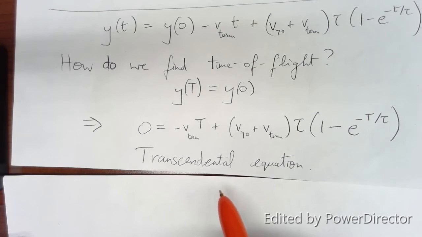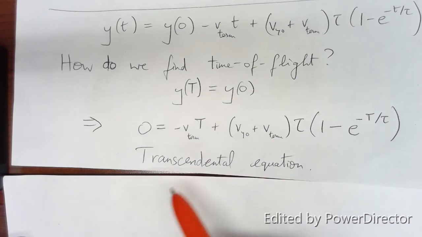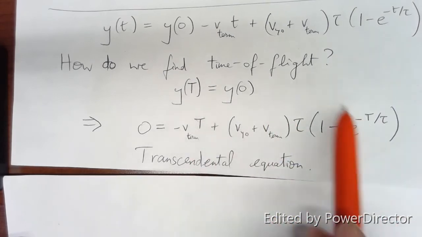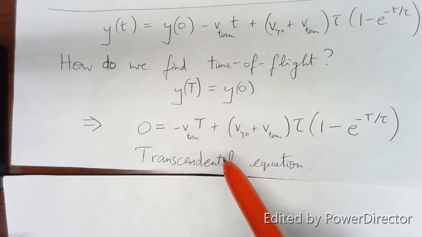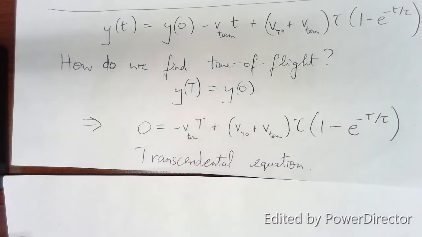But sometimes you don't have access to a computer that can solve this equation, or perhaps you are just interested in a perturbative case where you want a slight correction to your usual answer. So we shall look at a technique in which we will solve this equation for the case of a small linear drag effect.